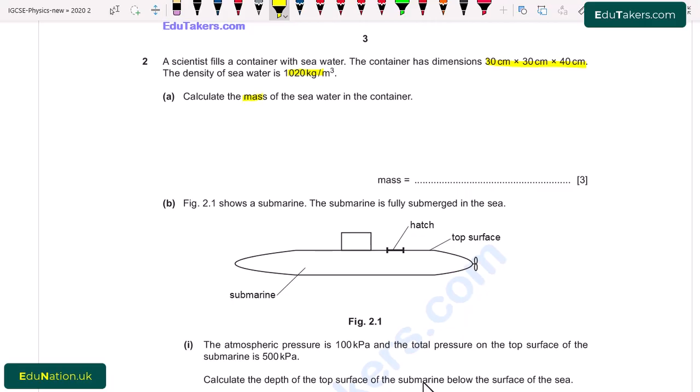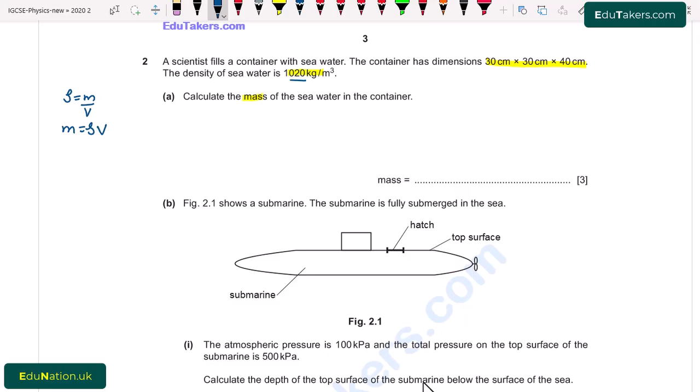Here we have to calculate the mass, and we know that density is represented by rho. It is equal to mass per unit volume. For calculation of mass, we multiply density and volume. Density is given in the question, which is 1020 kg per meter cube, and we have to calculate the volume. The dimensions are given, and we have to calculate the volume from them.